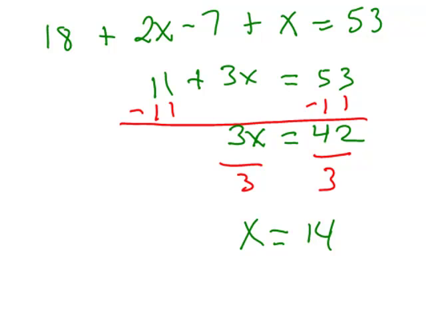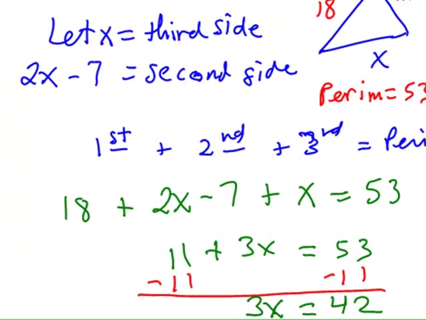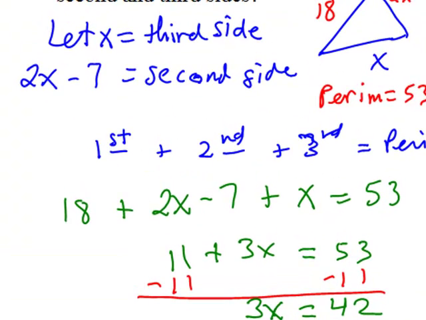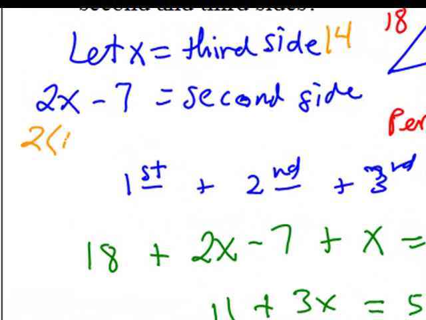Now again, let's go up and look at our legend. X is 14. That means that our third side is 14. And the second side is 2 times 14 minus 7.